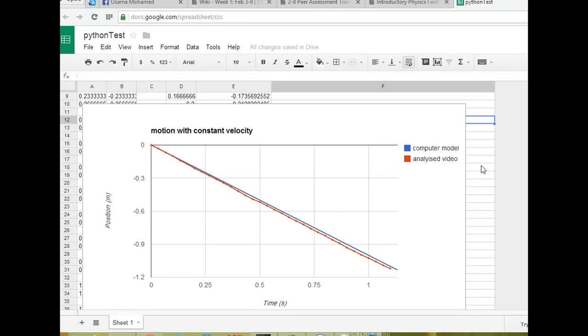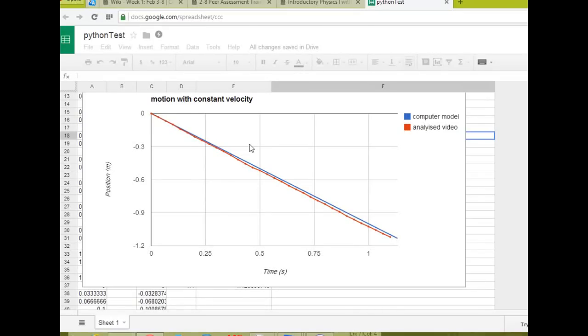And comparing the data we got from Python with the data we extracted from Tracker, we get this graph over here. This axis represents the position in meters and this axis represents the time in seconds. The red graph over here represents the data we extracted from Tracker, and this blue graph over here represents the data we got from Python.